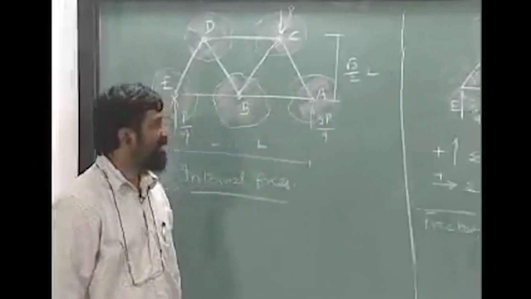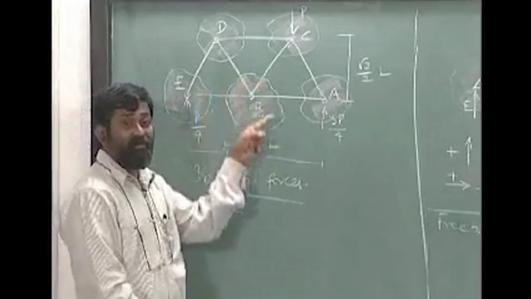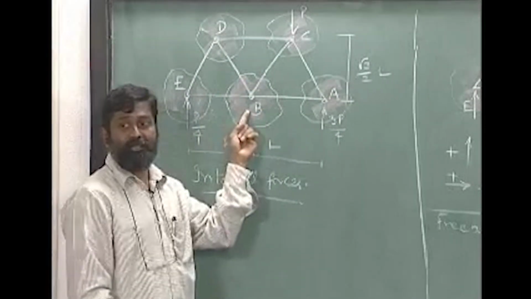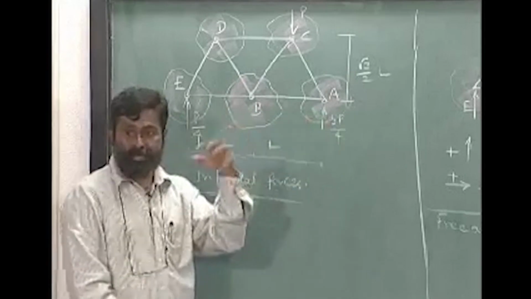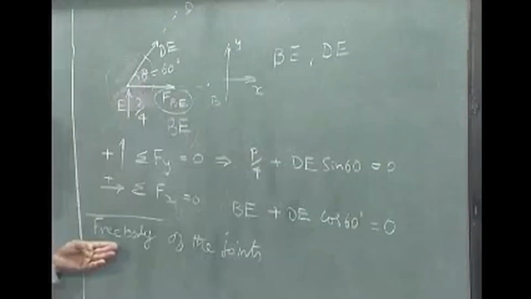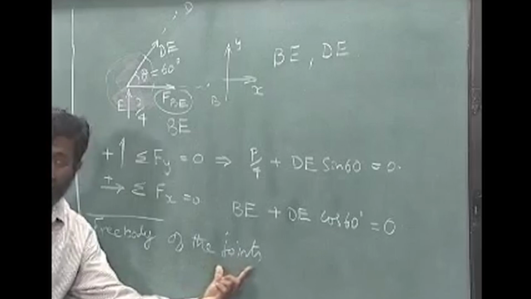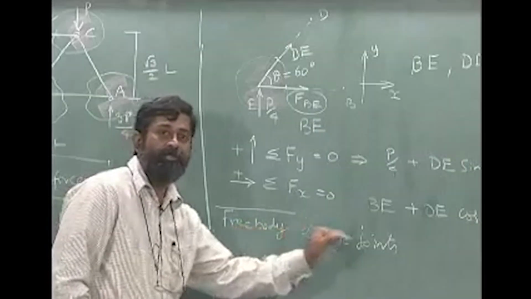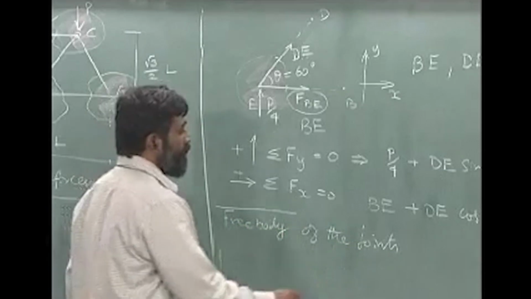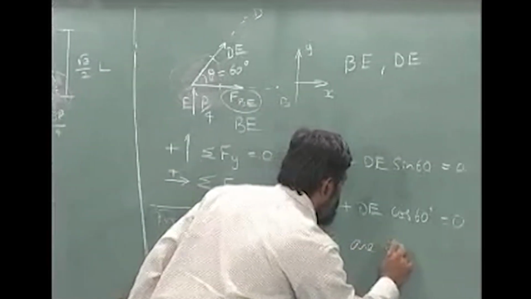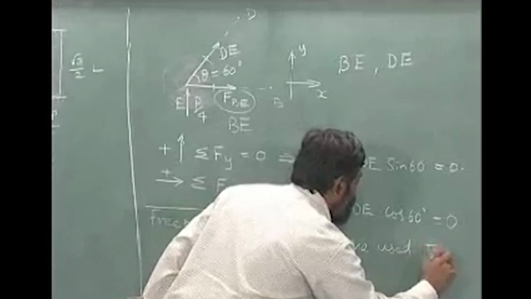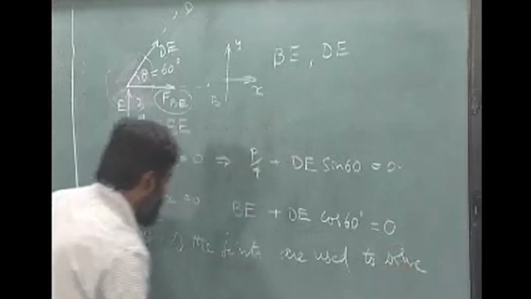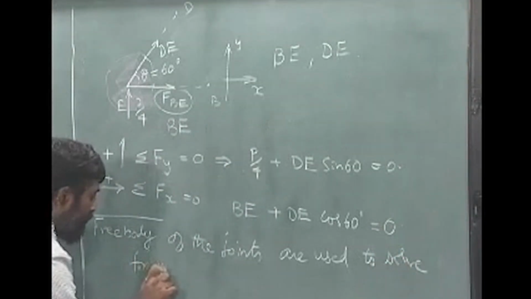What I have essentially done is I have engulfed, so that I have each of these joints separated. So, I can have free bodies associated with each of the joints. I am just going to call those free bodies of the joints, which are used to solve for member forces.